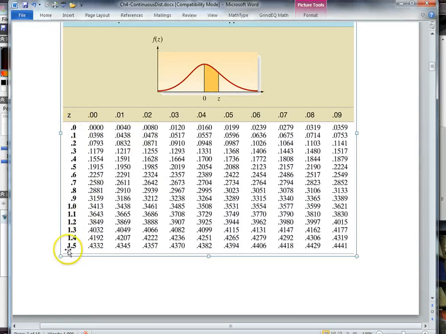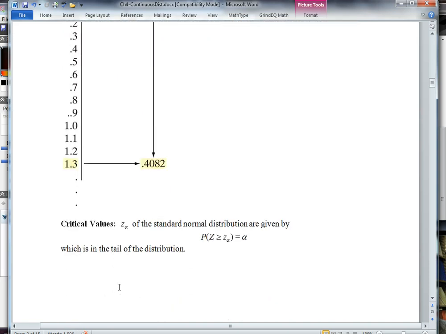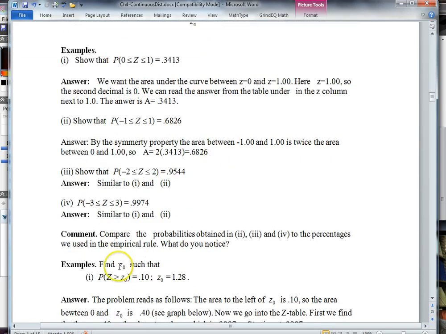I have to go all the way down to 2.0, and my second decimal would be 0, and that's going to give me 0.4772, but it's outside my piece of the table here, and double that. Same thing for -3 and 3. If you look at these probabilities, 68% approximately, 95%, 99.74%, these are the probabilities we got for the empirical rule percentages. And now they are more accurate since we are using the full distribution.